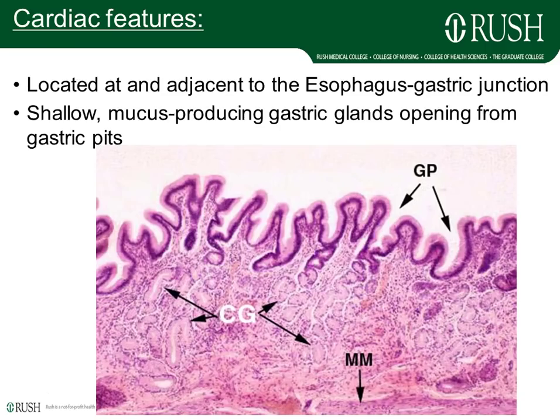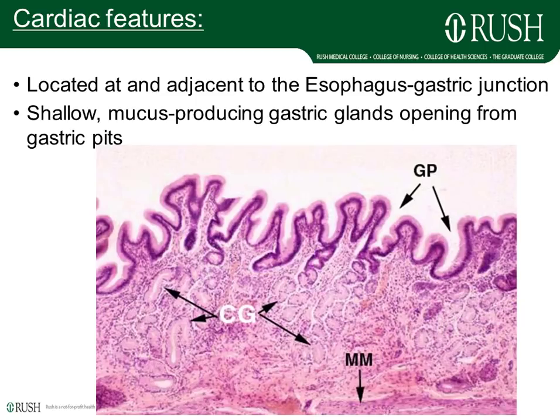So what are the features of the individual regions that I mentioned? In the cardiac region, just as when we looked at the esophageal cardiac junction, it's located at and adjacent to that junction. You have shallow, mucus-producing gastric glands that open out of those gastric pits.